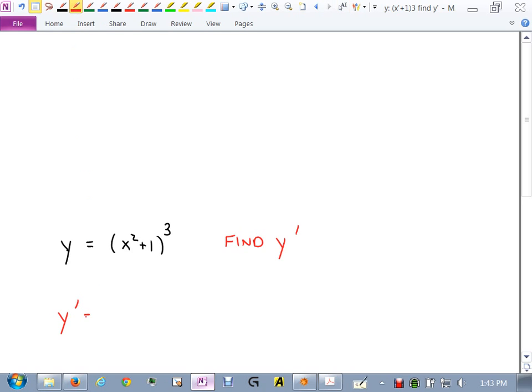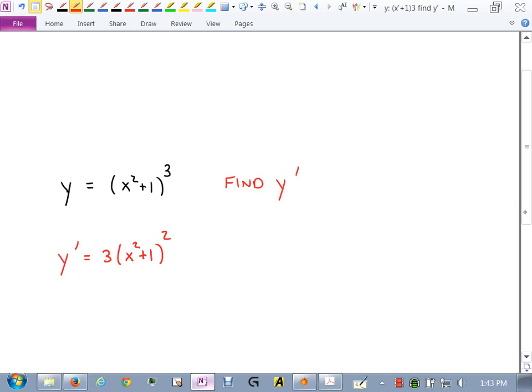But you have to just remember what the glasses are, right? The glasses were the x squared plus 1. Then squared there, right? Chain rule says now, you're not done, times the derivative of what was in there, derivative of the glasses, which is just 2x. And you can move the 2x to the front with the 3, and you get 6x times x squared plus 1 squared. And we're done.